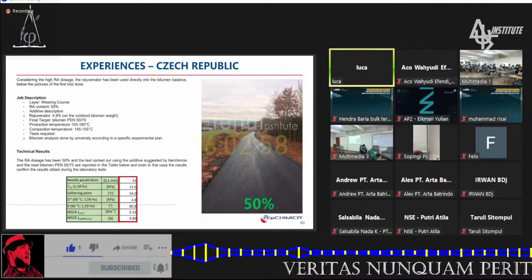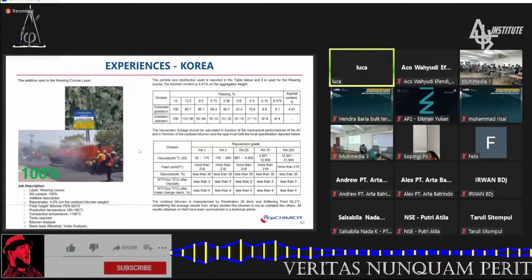So after extraction, they checked the penetration, softening point, modulus, and MSCR test. So they checked all parameters in order to see the characteristics of the bitumen that they used.